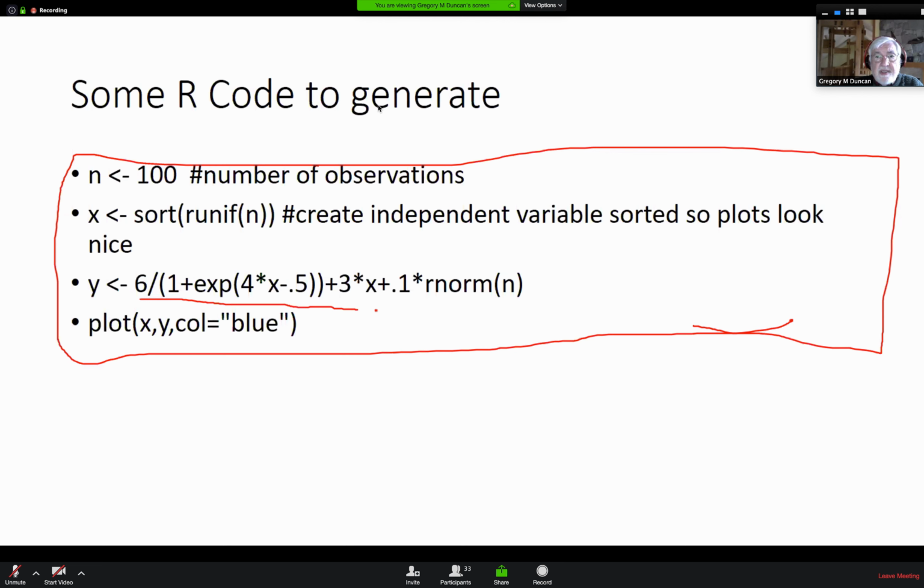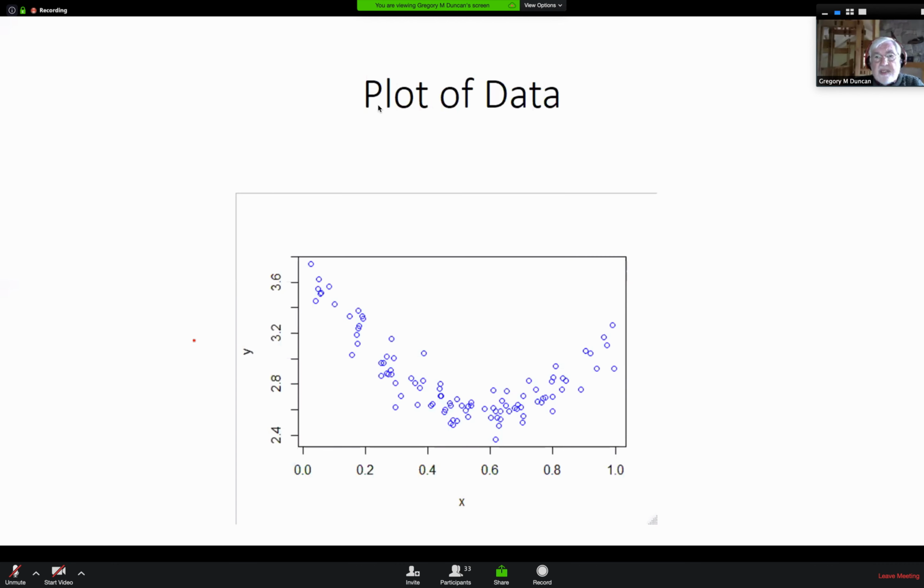Here's my f of x, and here I'm adding the standard deviation times n, 100, normal random variables, standard normals. And then I'm going to plot y against x with the color equal blue. And there's the example. So I simulated some data, and that's what the simulated data look like.